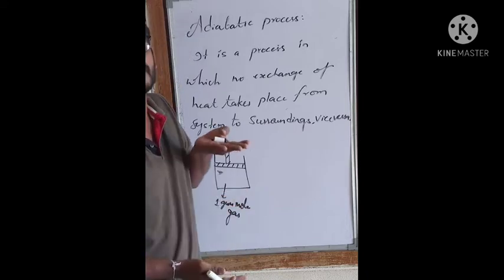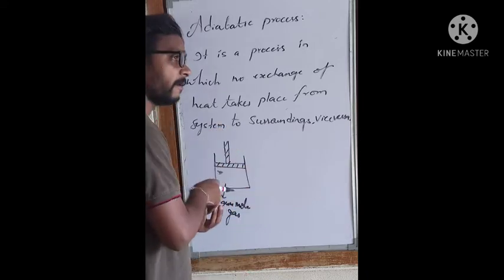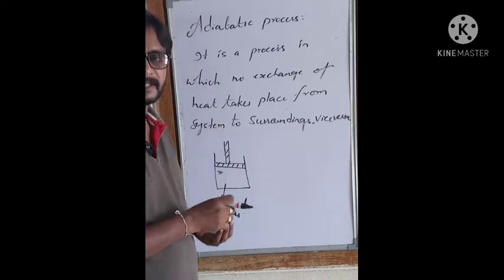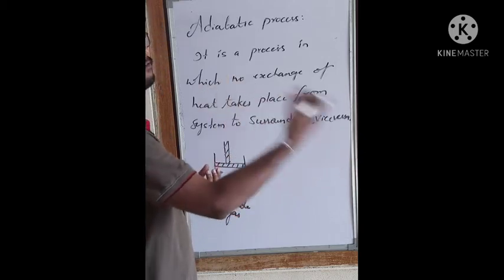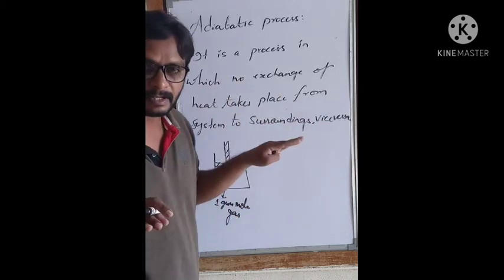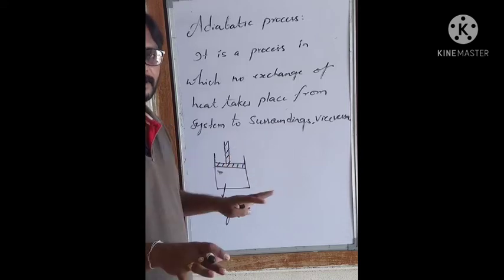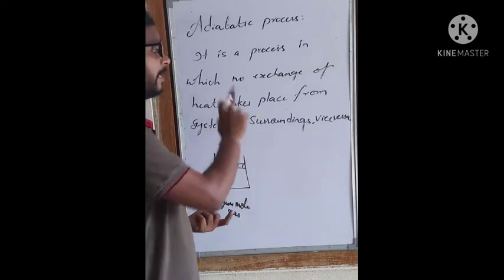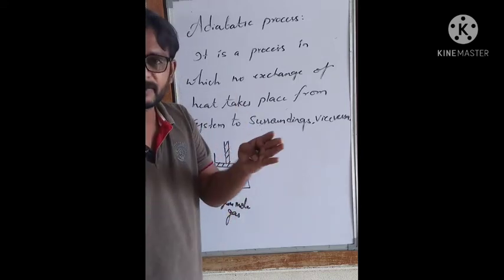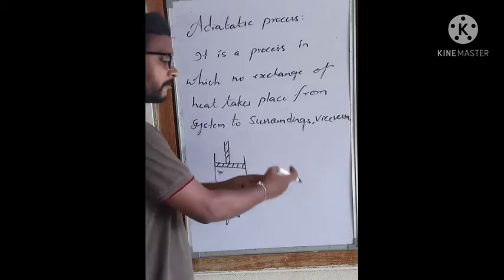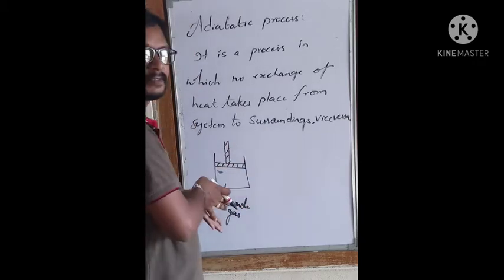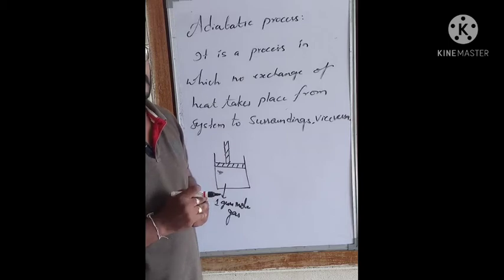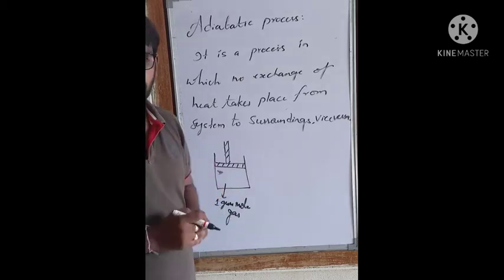When it is expanded slowly, the heat lost by the system is balanced by heat received from the surroundings to make the temperature constant. That is what happens in isothermal process. But in case of adiabatic process, there is no exchange of heat from system to surroundings and surroundings to the system. Now our aim is, we are going to find out work done in adiabatic process.